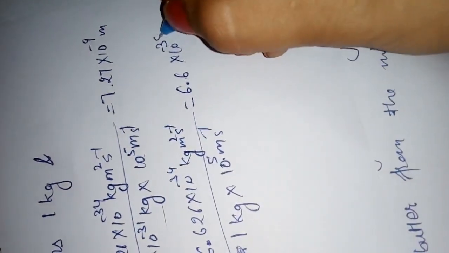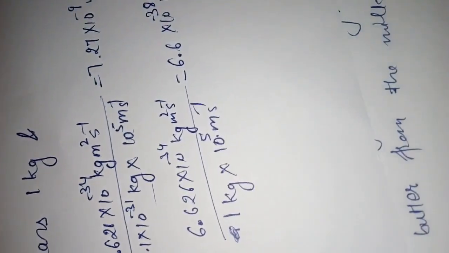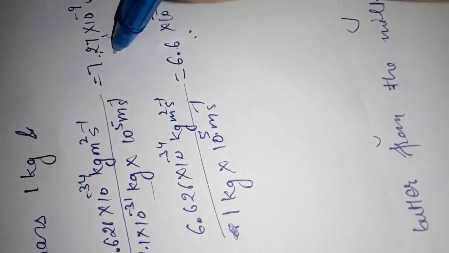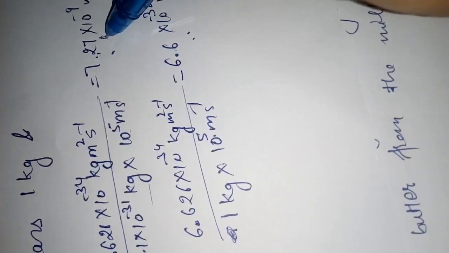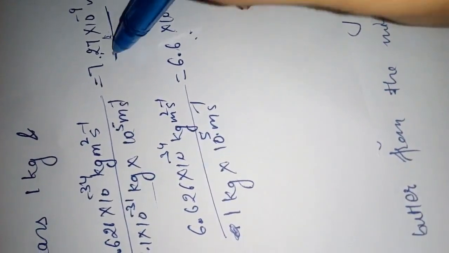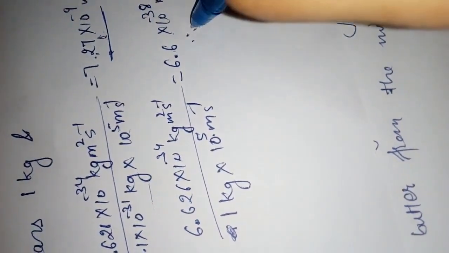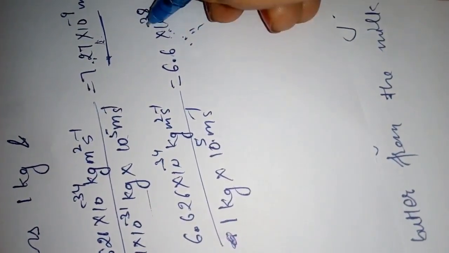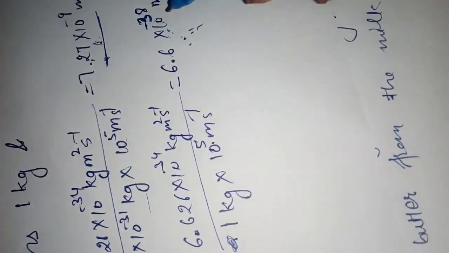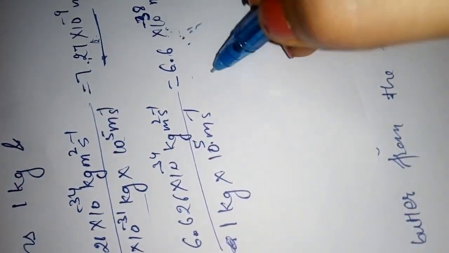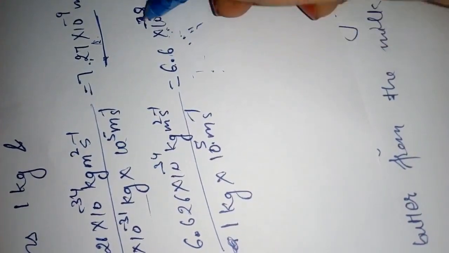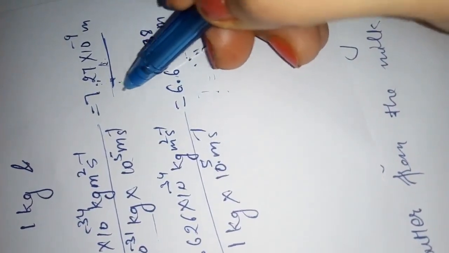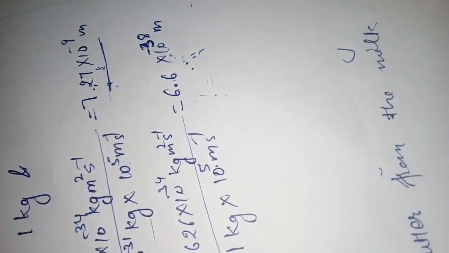Now from these values you can say that the wavelength of the electron wave is within the range of electromagnetic waves, and this can be measured. However, the wavelength associated with the ball is very small, because this is 6.6 divided by 1 followed by 38 zeros, and this is 7.27 divided by 1 followed by 9 zeros.